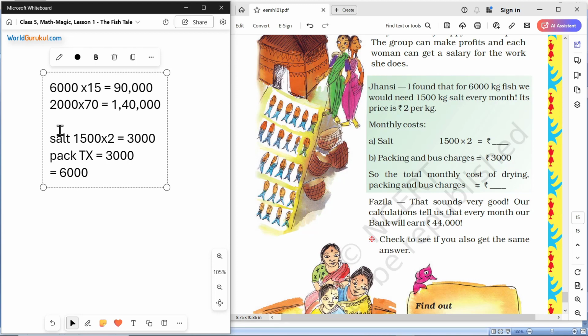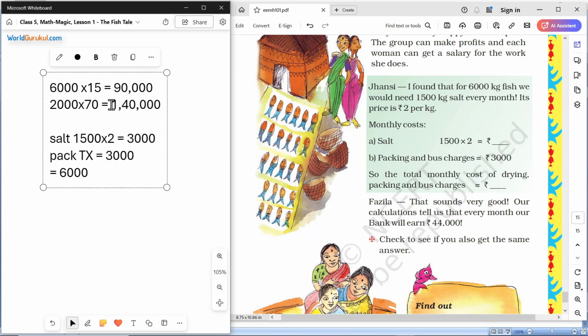Total monthly cost of drying, packaging, transport charges is 6,000. Oh, earlier we assumed that it's 25,000, but that's not correct. It's going to be just 6,000, plus their labor, right? For the labor, they take the salary and share the profits.